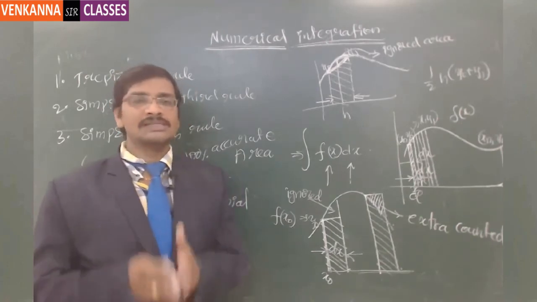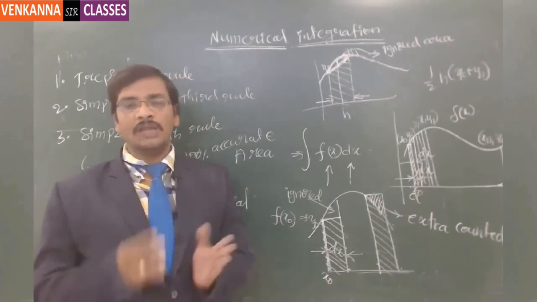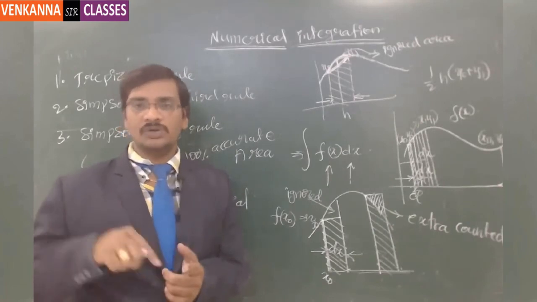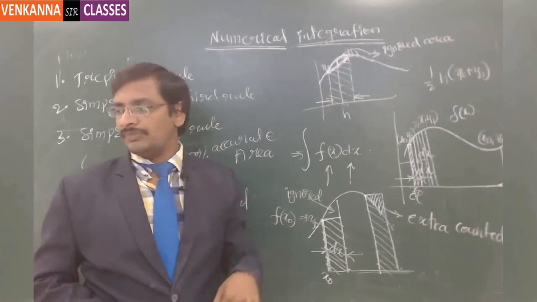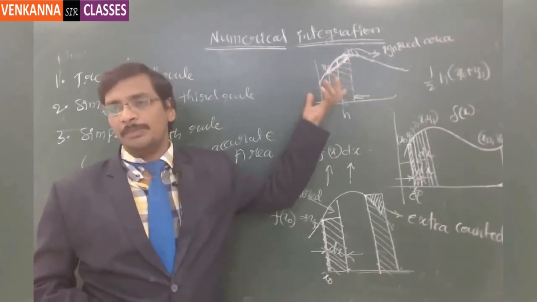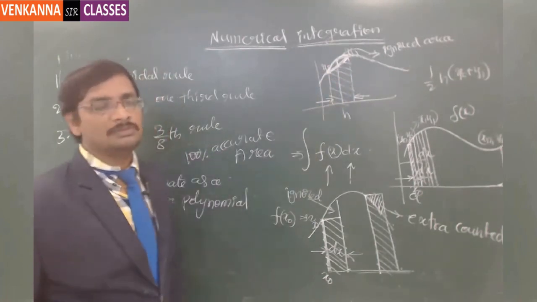If you take a straight line, you are approximating as a first order polynomial. If you take a second order polynomial, the accuracy is going to be increased, and you are closely tracing this particular curve with the polynomial. This may be a sine wave, or any other random curve, maybe an e power x curve, but still you are approximating as a polynomial with the help of the Maclaurin series.